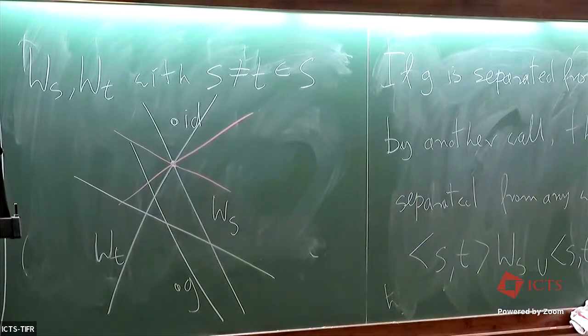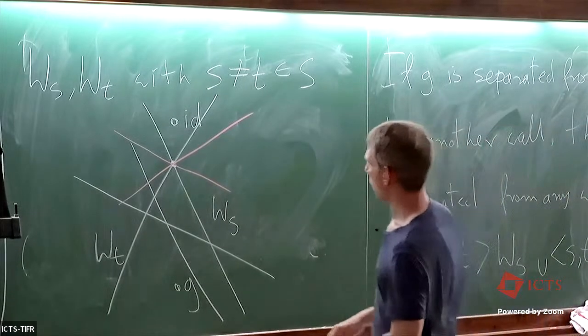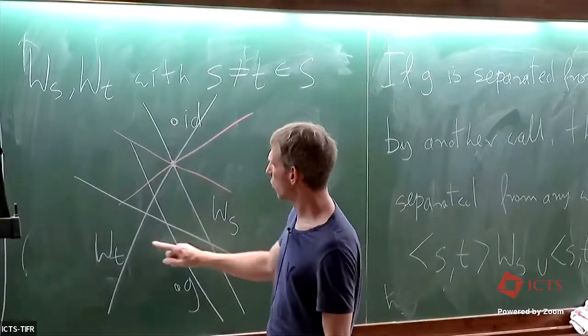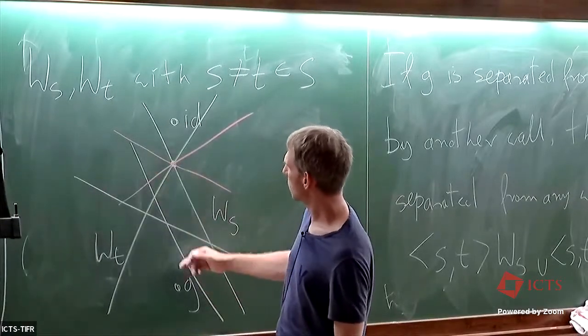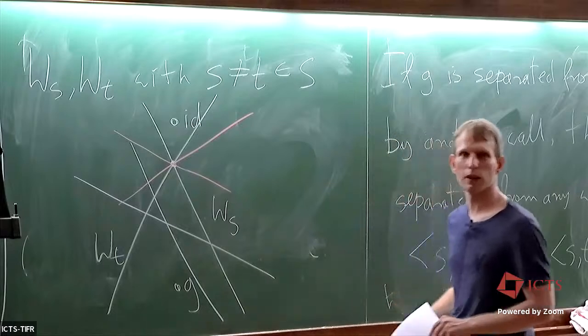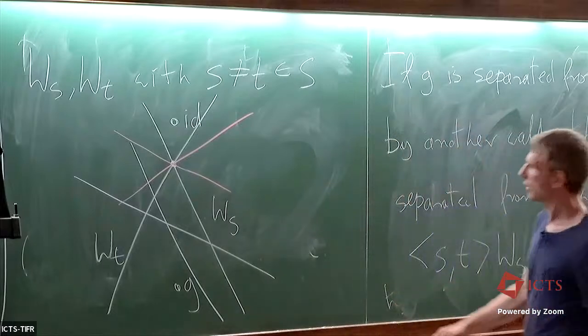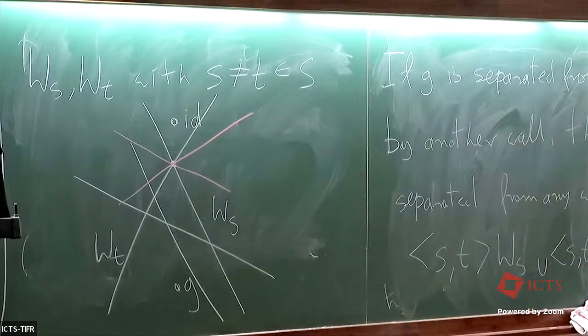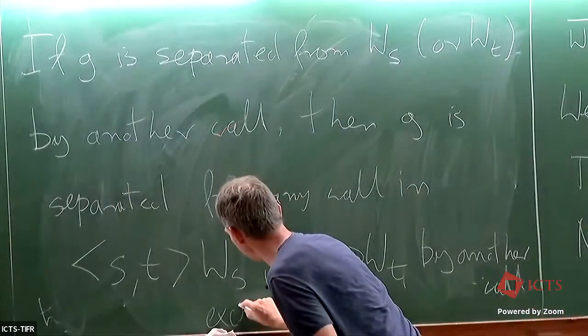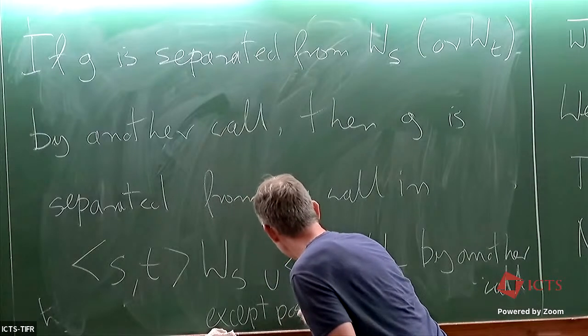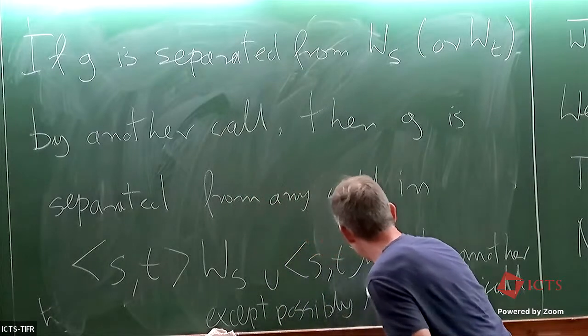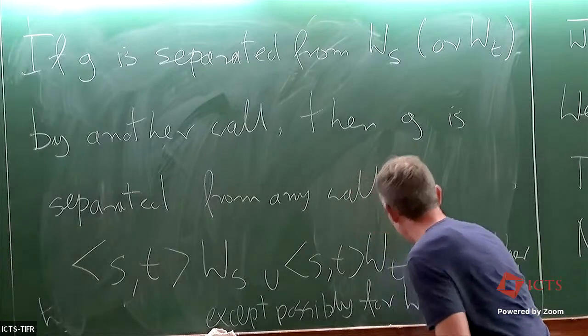If it's separated from WS or from WT by a wall, then it's separated from any of the red walls by another one, except possibly for WT. Thank you.